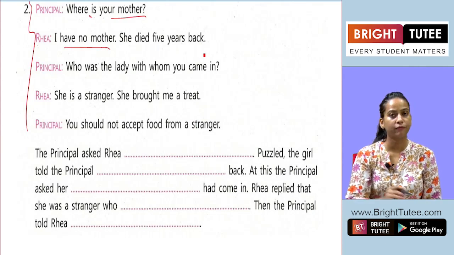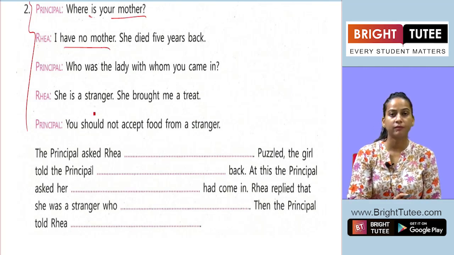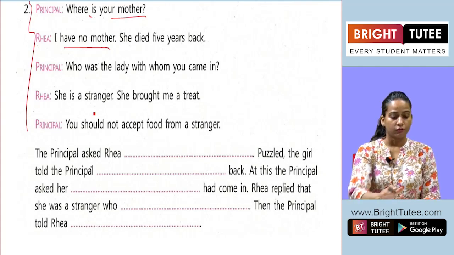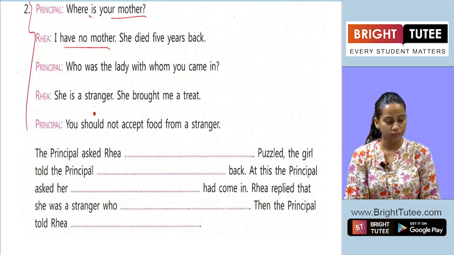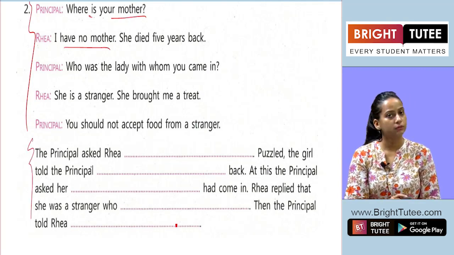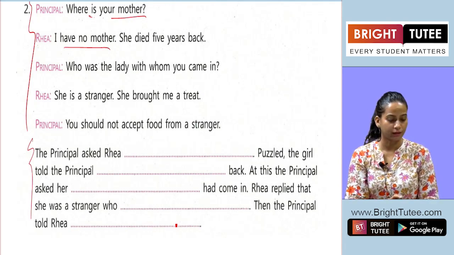She died 5 years back. Principal, who was the lady with whom you came in? Riya, she is a stranger. She brought me a treat. Principal, you should not accept food from a stranger. So now this is the conversation between the two. Here we have to change that direct narration into the indirect one.